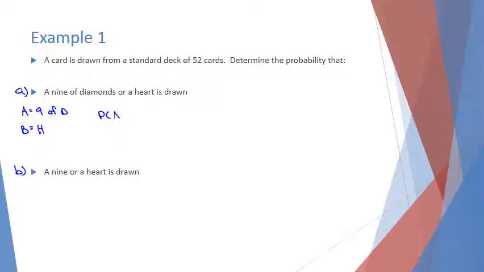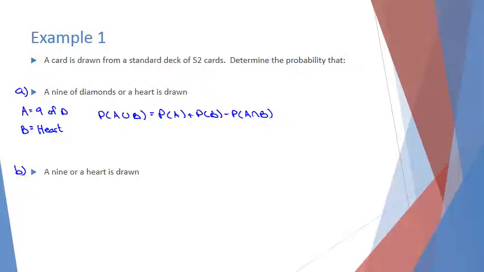So we're going to look at the probability of pulling a 9 of diamonds or a heart. And remember, that's just the individual probabilities added up together. And like I said, we're always going to use this back part, the subtracting, for when both those things can occur.